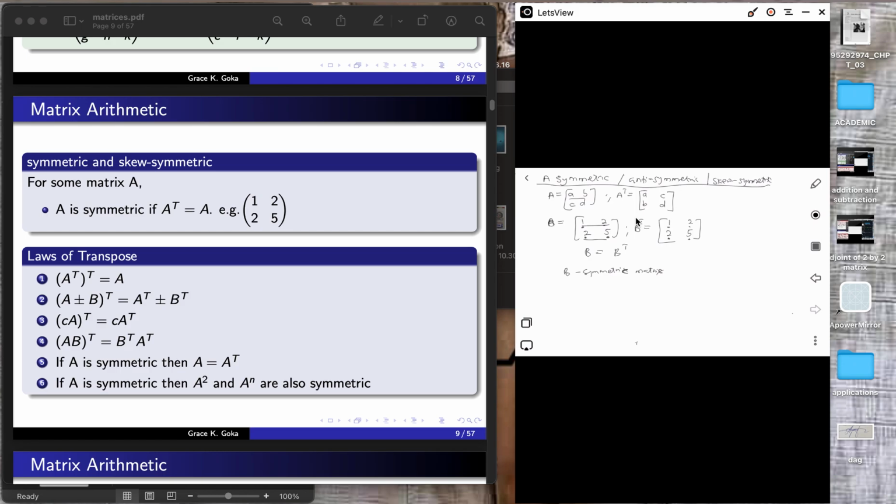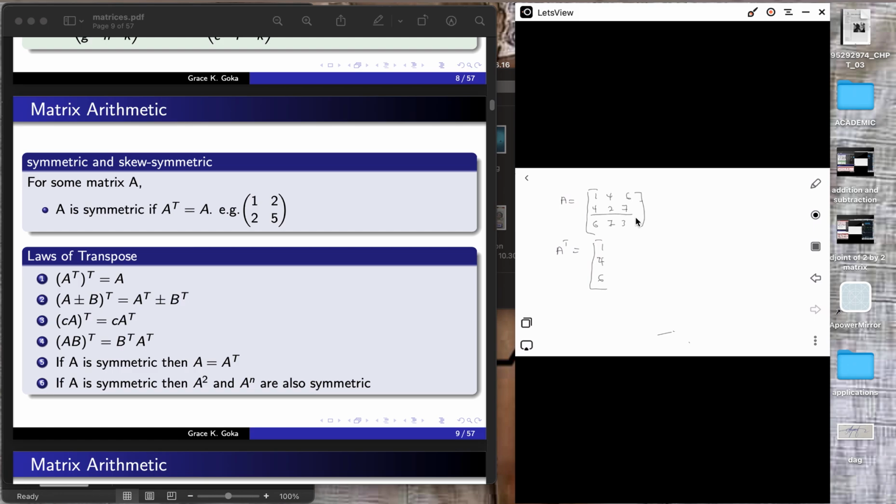Another example: if I have matrix A as 1, 4, 6, 4, 2, 7, 6, 7, 3, and I find A transpose, I pick the first row, which becomes a column 1, 4, 6.